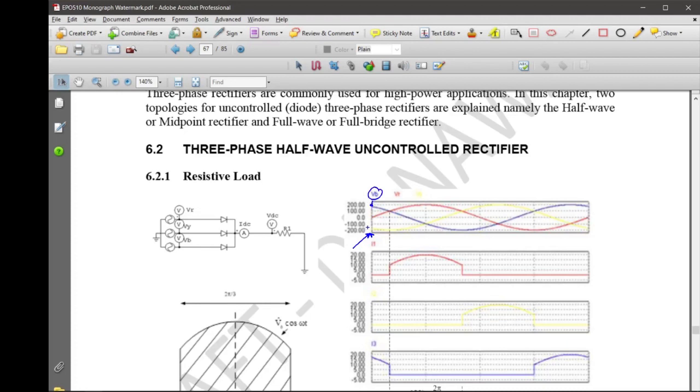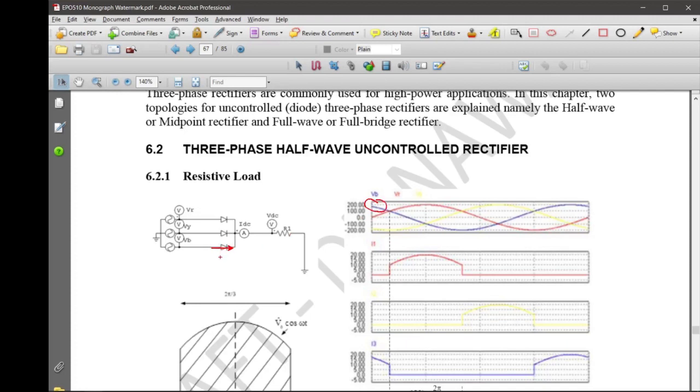At VB. So therefore, this is diode red, diode yellow, and this is diode blue. You can see that this diode will operate first, and the rest will be turned off. So only this diode is on, because at the beginning the blue waveform is highest.